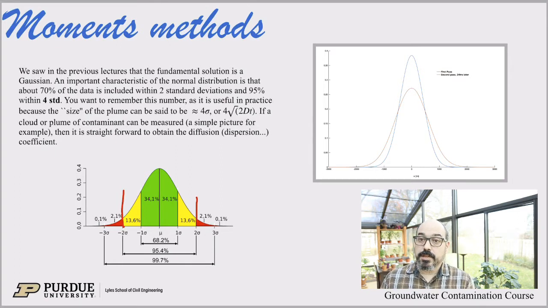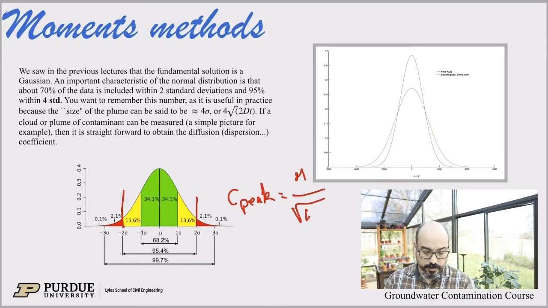Okay, so I already discussed the problem with the peak, right? So we know that the peak gives us the mass and the dispersion. So peak is in 1D. Again, in 1D. We'll talk about dimensions later. But for now, in 1D, C peak equals m over square root of 4 pi Dt, okay?